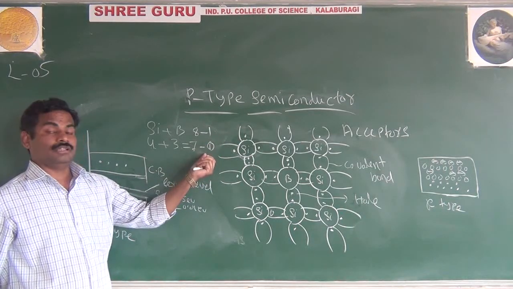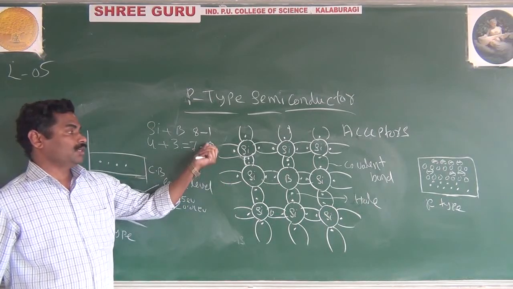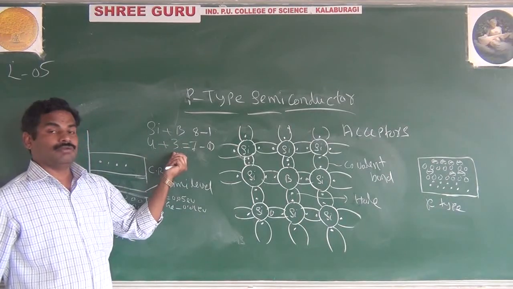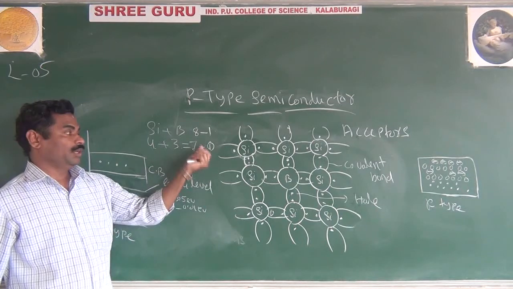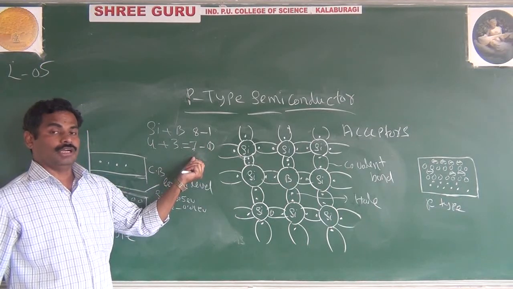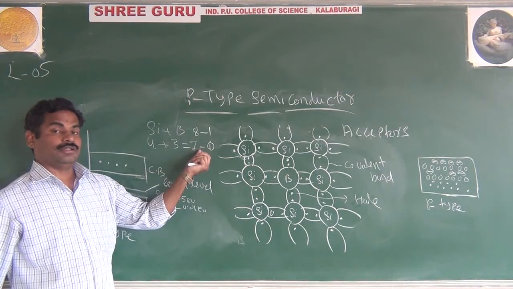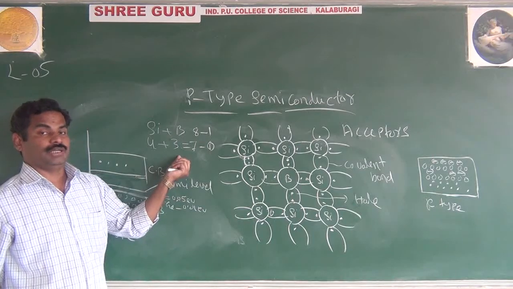This loss of 1 electron, the deficiency of 1 electron, is nothing but the hole. To fulfill the covalent bond we want 8 electrons, but we have only 7. One deficient electron is nothing but the hole. You can say this mathematically about the p-type semiconductor.